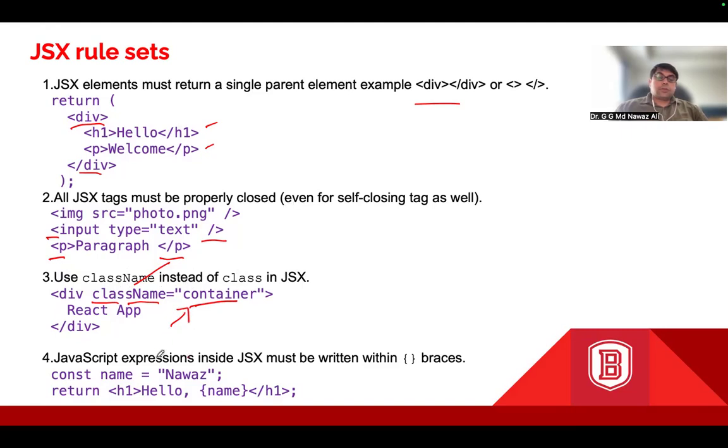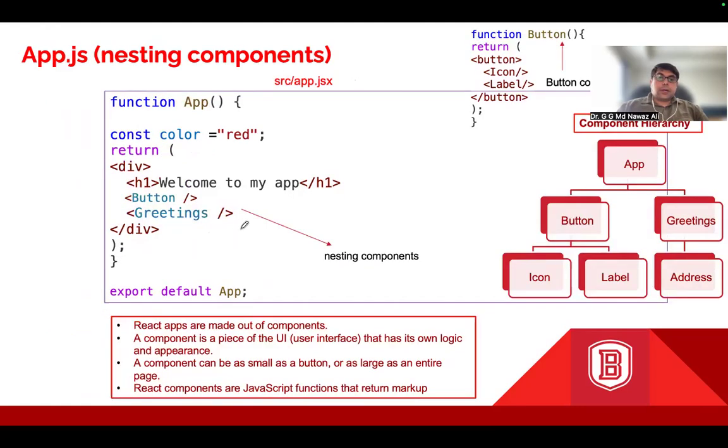As I mentioned, if you want to use JavaScript in the JSX, you write it in curly braces. These are the few rules you need when you write JSX. The next thing is the components. As I said, components are basically just functions with a return statement.